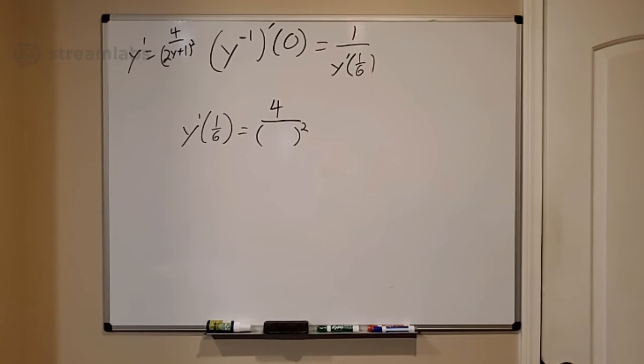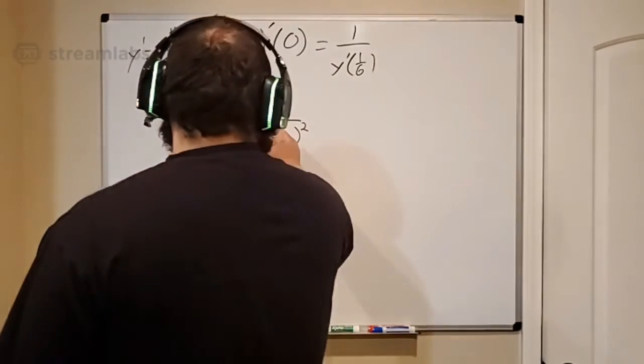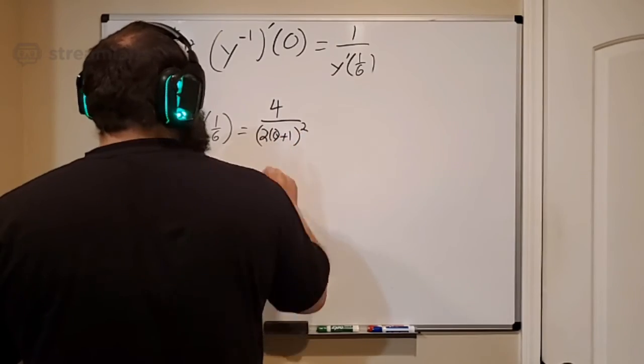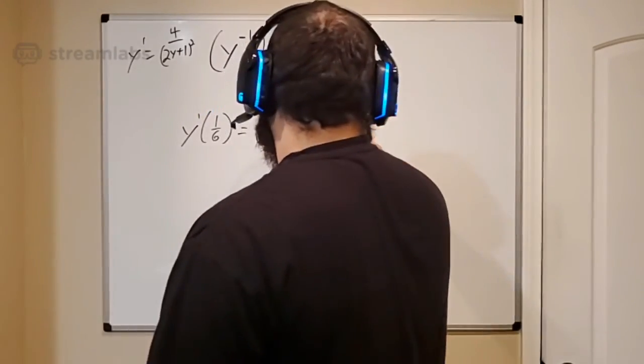What's going to go in the parentheses? 2y plus 1. Well, y is 1/6. Y is not 1/6. Y is 0. You have to be extremely careful with that.